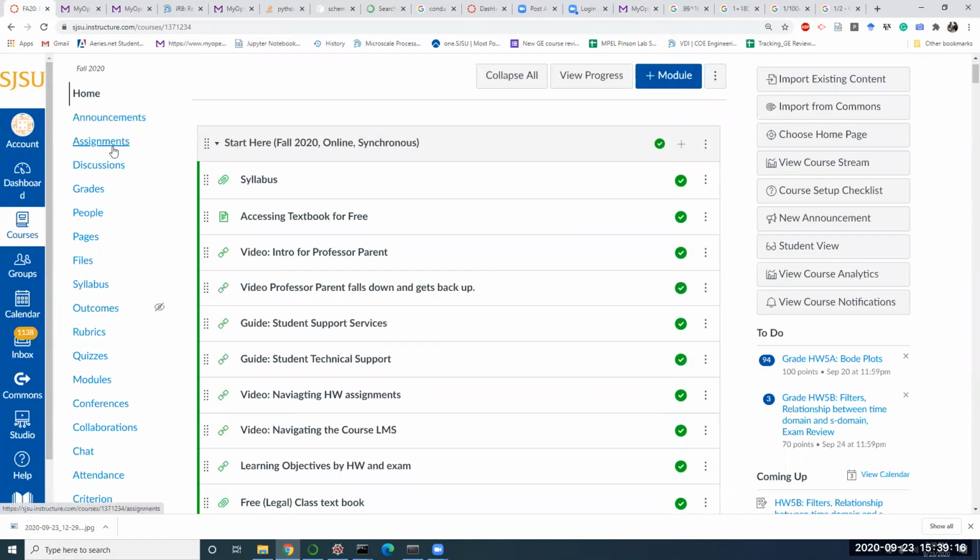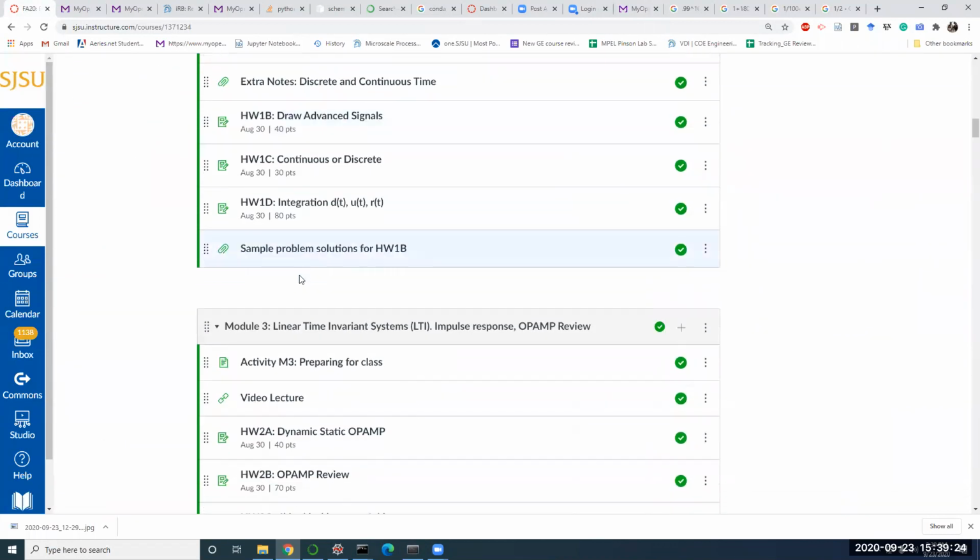Now the thing is there will be a question that can't be really automatically graded.